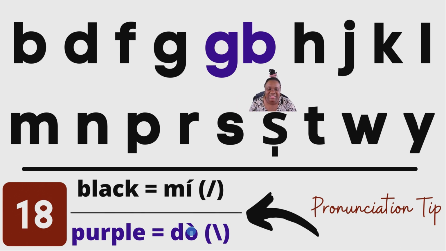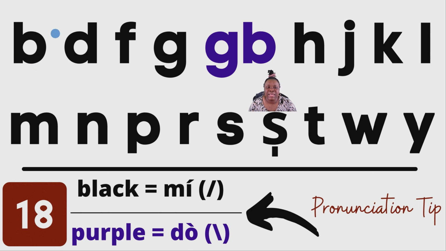In that case, it assumes both the consonant identity and the vowel orientation. So the ones that are in black will sound like mi, and the one that is in purple will sound like do, aligning with that tone.